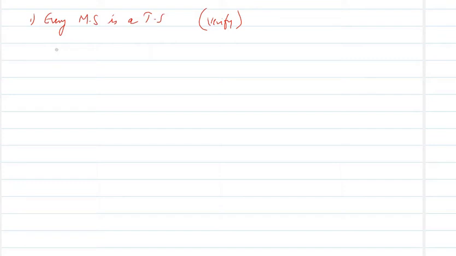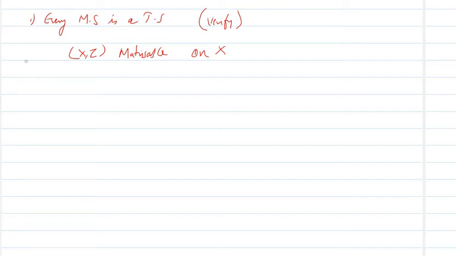Now, a topological space (X, tau) is said to be metrizable if it can be obtained from a suitable metric on X.